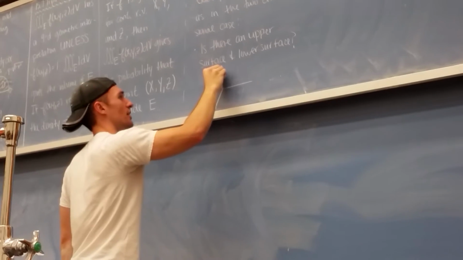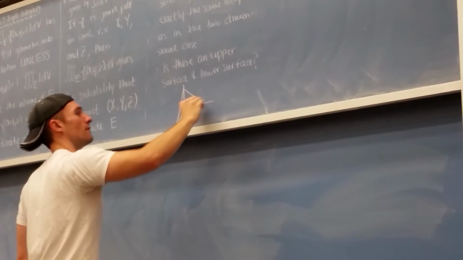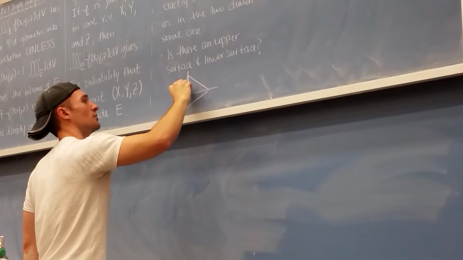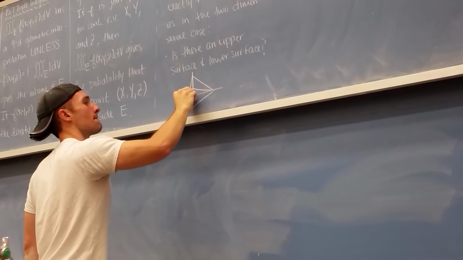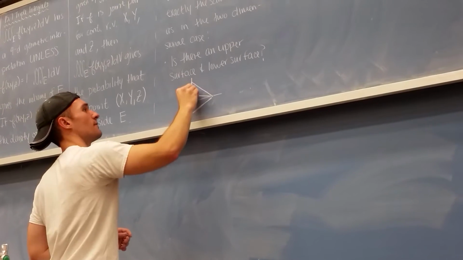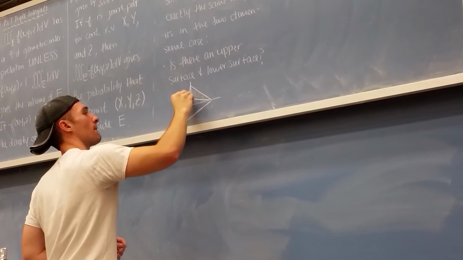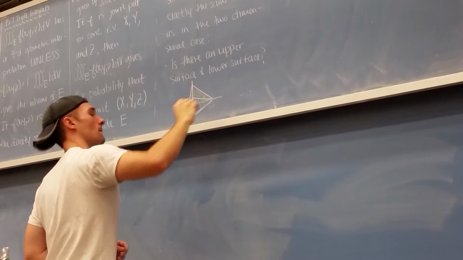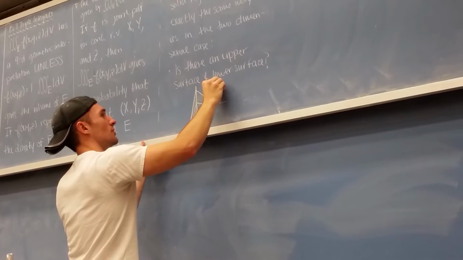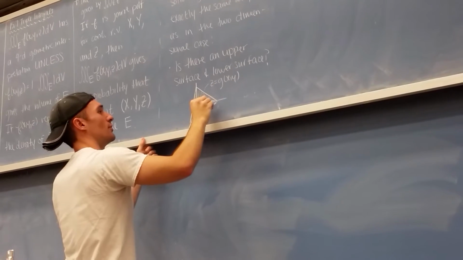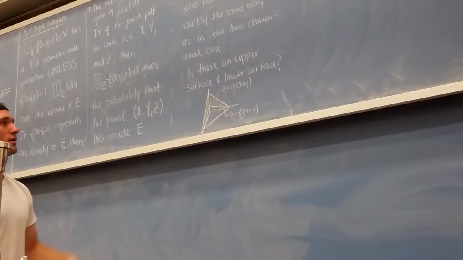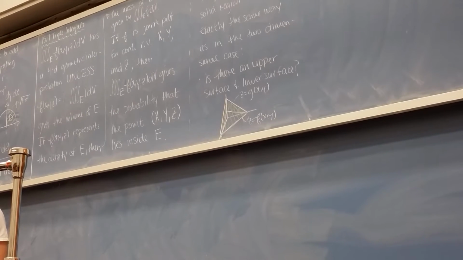For example, if we have maybe like two planes stacked on top, so that our solid's in between two planes, upper plane given by z equals g of x, y, and lower plane given by z equals f of x, y. I just basically stacked two triangles, one on the other.